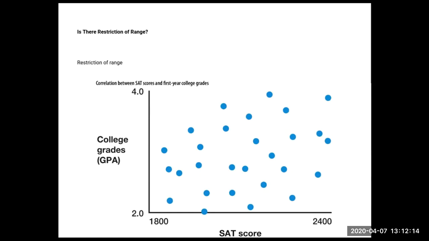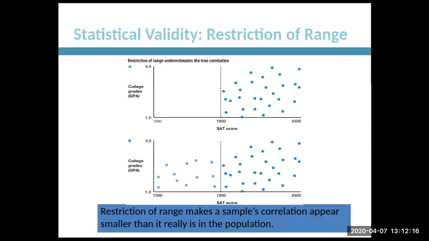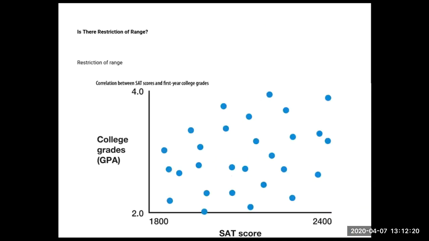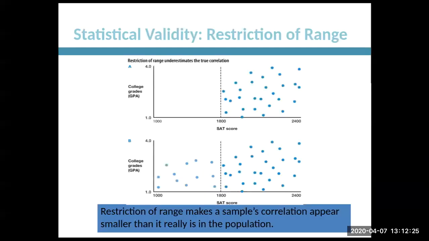If you were to go back and take everything into account, you can see it's not quite such a steady incline. So, correlation between SAT scores and first-year college grades. Sorry, this is a repeat slide. It could be that your slope is affected by the fact that you're not looking at the full set of data and only a restricted range.